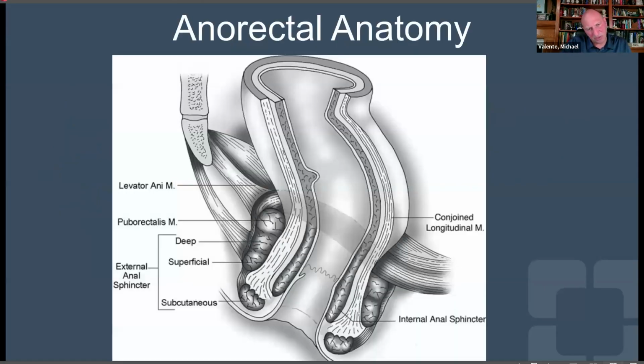We showed this picture before, but this shows the levator ani, puborectalis, from the tip of the coccyx coming all the way around all the pelvic viscera to the pubic symphysis, this band of tissue.